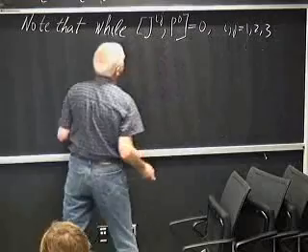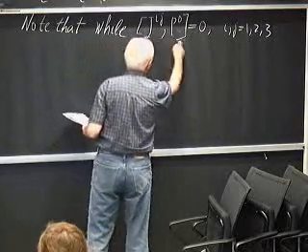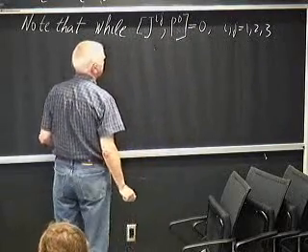And of course, it's 0. It's easy to check: with time derivatives, they commute.